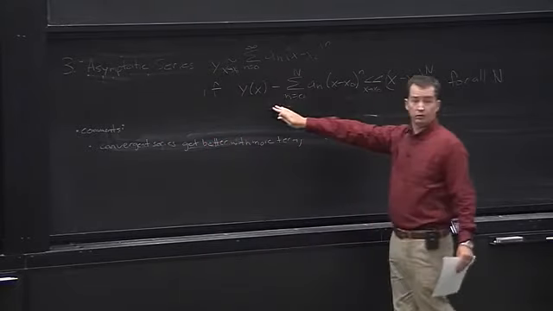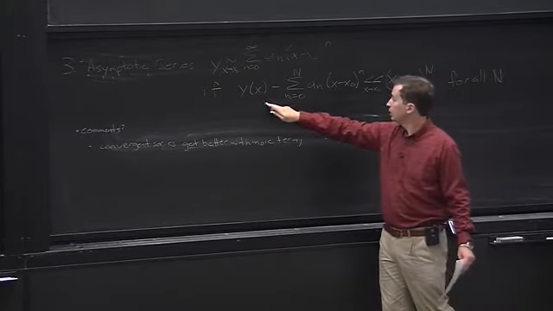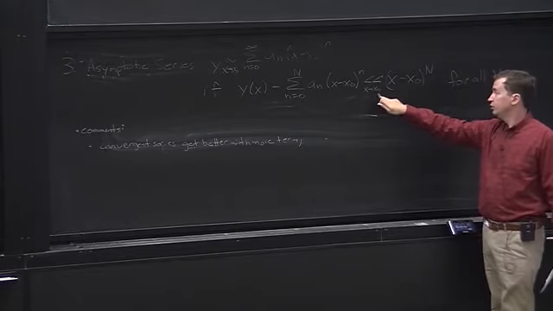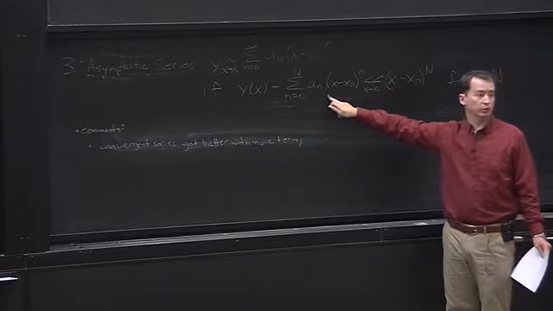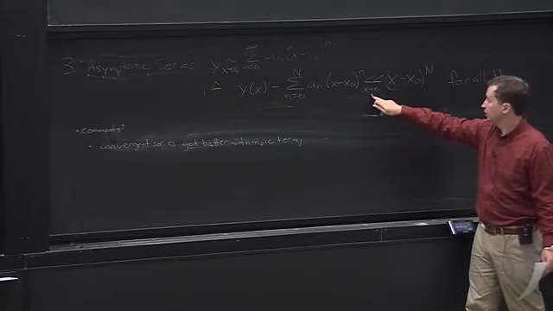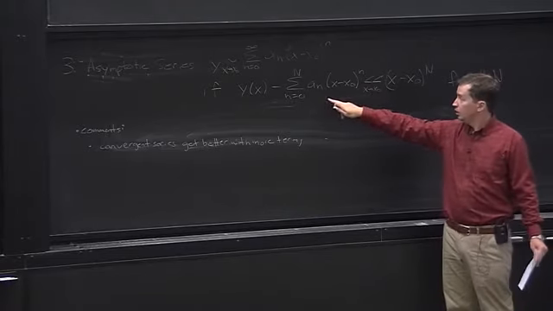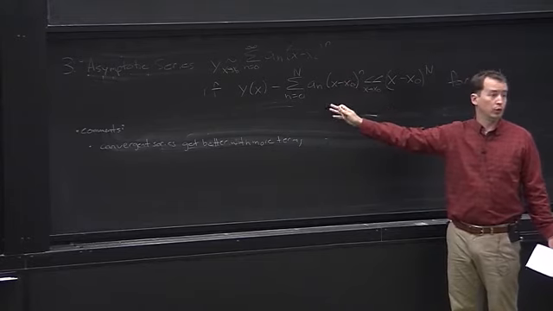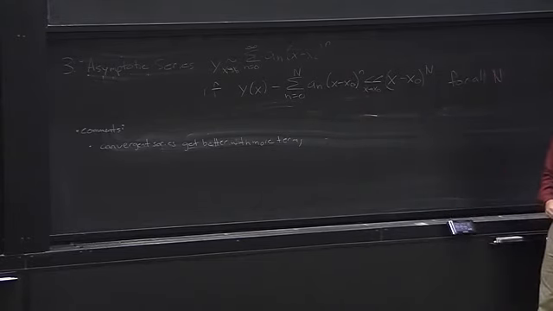What the definition of an asymptotic series says is that if we get close enough to x naught, then our approximation becomes good. It doesn't say anything about whether including more terms will help or hurt our approximation.